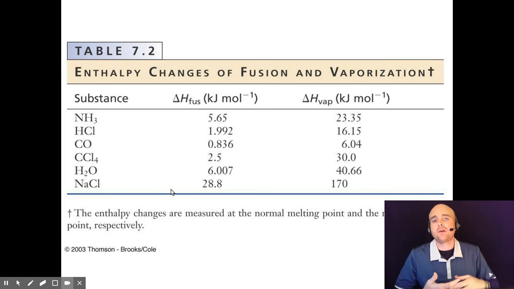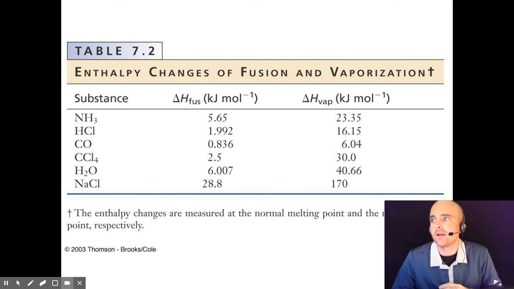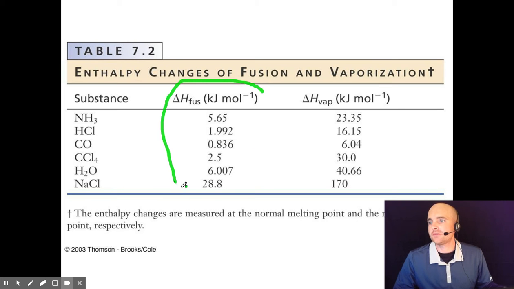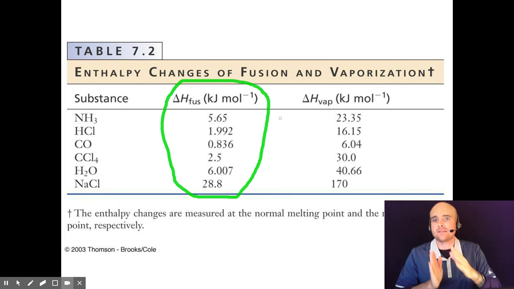We can actually quantify these mathematically by things called the enthalpy changes of fusion and vaporization. The ones in green, the fusion ones, are where it fuses, goes from the solid to the liquid phase, that phase change right there.